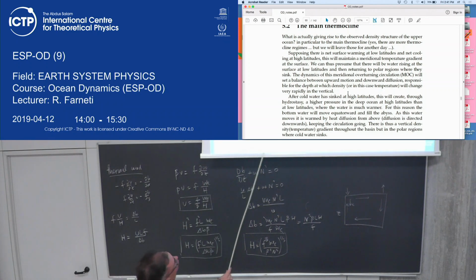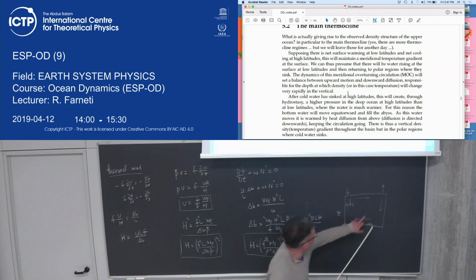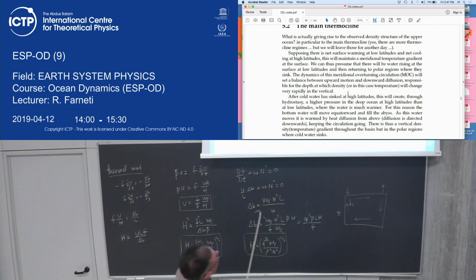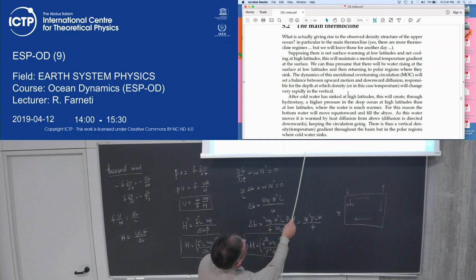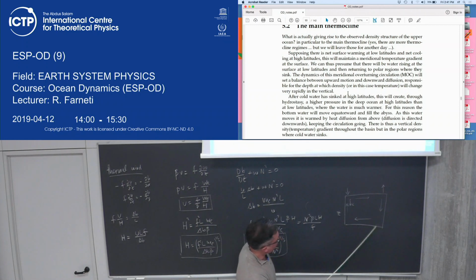Okay. So after the cold water has sunk at the high latitudes, so here, what is happening? There's very cold and very dense water sinking to the bottom, and through hydrostatic balance, dP/dz = -rho g, this very dense water will generate high pressure in the deep ocean compared to the one at the lower latitudes. Okay?